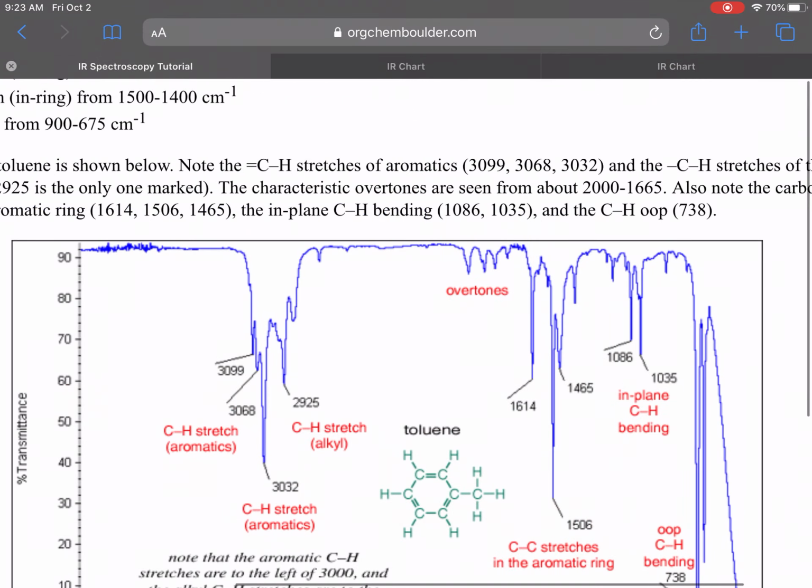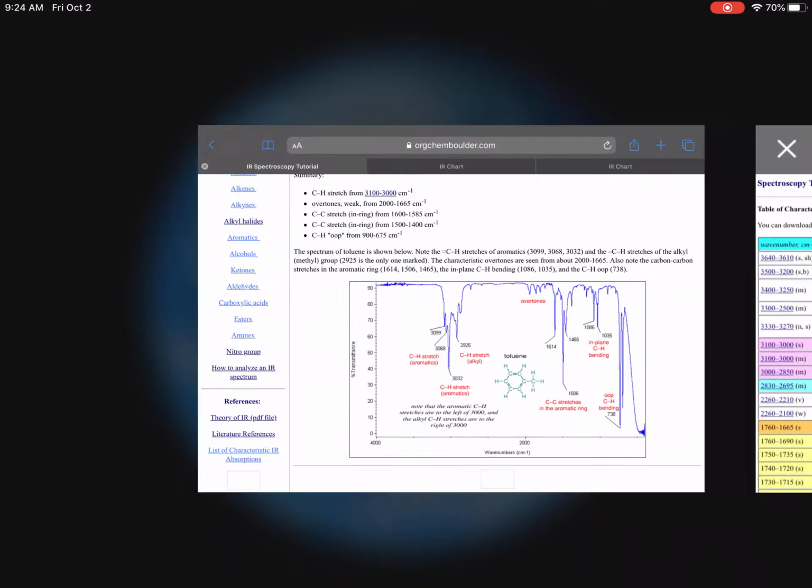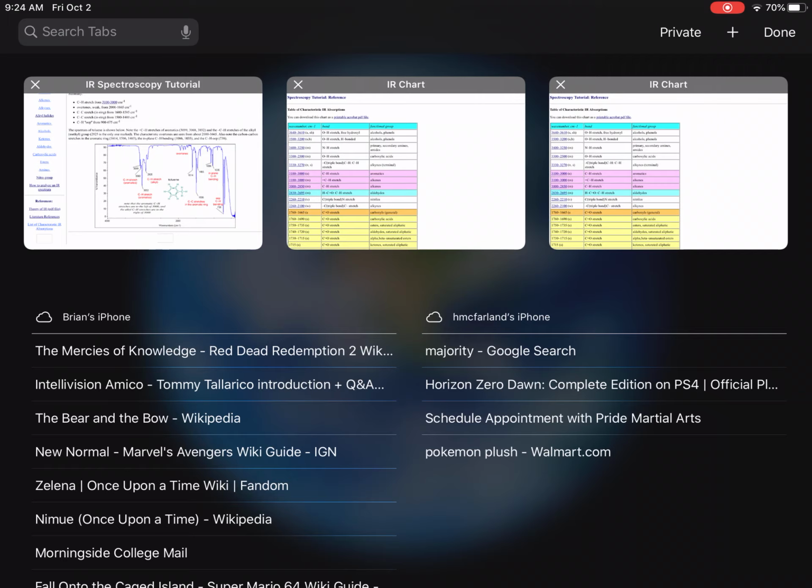That's something we haven't really gotten into, so I'm going to leave it off for now. I might make a separate video to describe that in more detail, to give you a preview of Organic 2. Let me think about it. But for right now, if you see strong peaks in that 900 to 675 range, that means you probably have an aromatic ring.